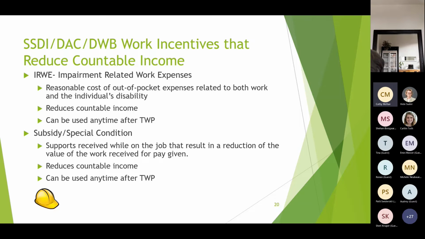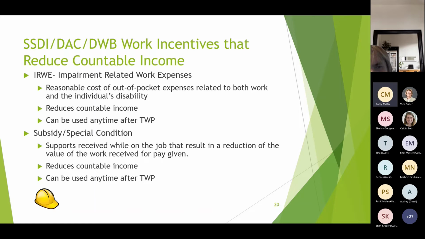Subsidy and special condition is another kind of work incentive that I think is really underutilized. This is where a person receives supports or extra help on the job in order to be able to perform their job, but they're paid at the same rate that somebody who does not receive that extra help is paid. So we've got two people working at the Amazon warehouse.